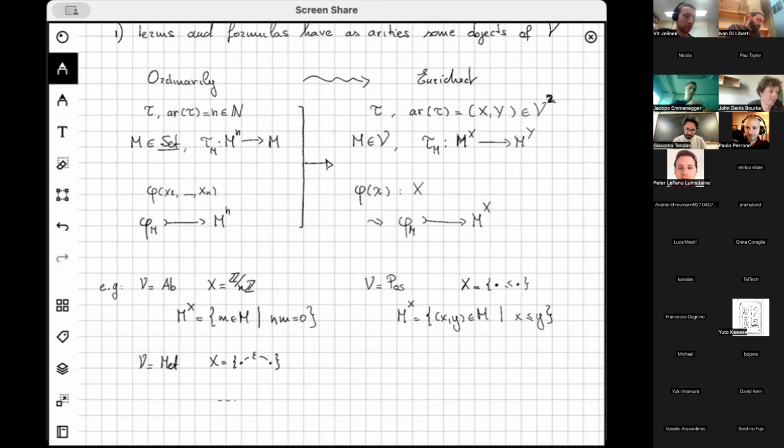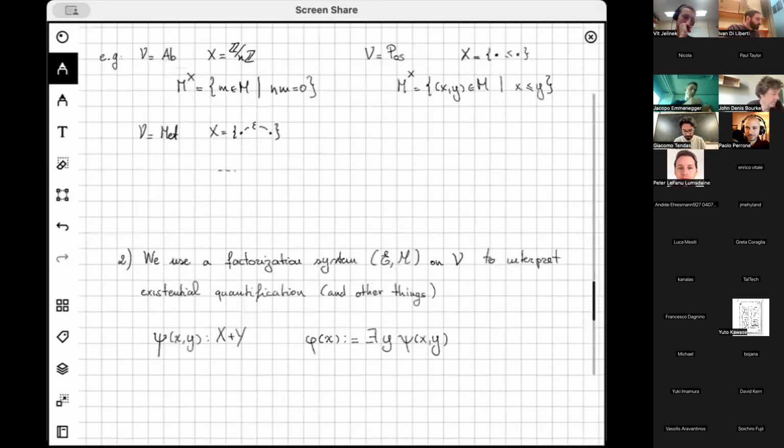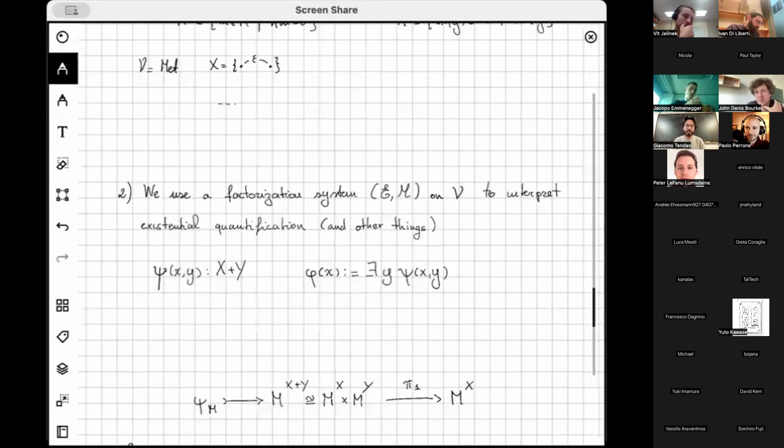Okay, so that's involving terms. And from the point of view of existential quantification, as I said before, we fix a factorization system. And then we do the most trivial thing one might do when defining the interpretation of a formula that involves existential quantification over something that has already been defined.